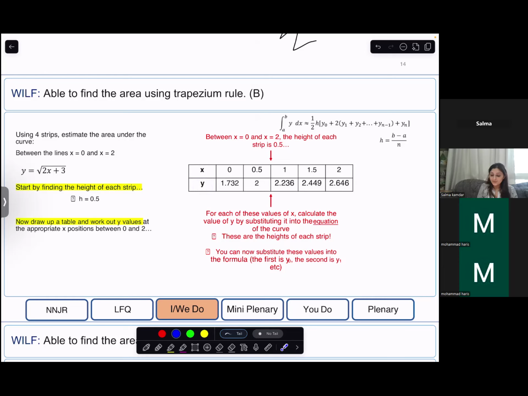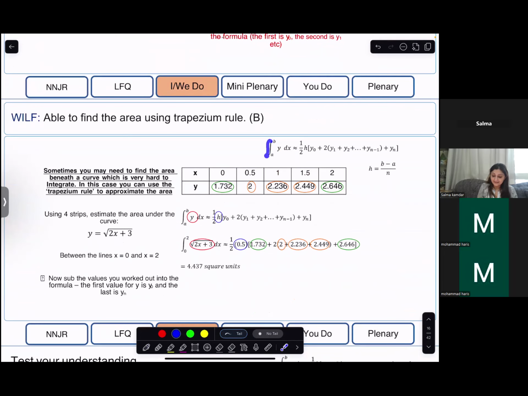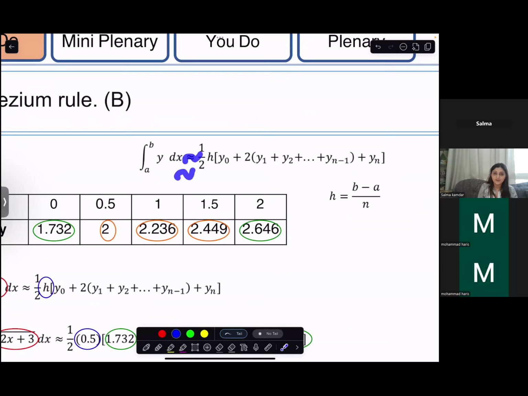Now, can you use the trapezium rule to find the area under the curve root of 2x plus 3? How would you do it? What would you write first? First, I would write down that I am integrating. This is very important. I'm integrating y with respect to x between b and a. Because I'm using the trapezium rule, the answer that I'm going to get would be an approximation.